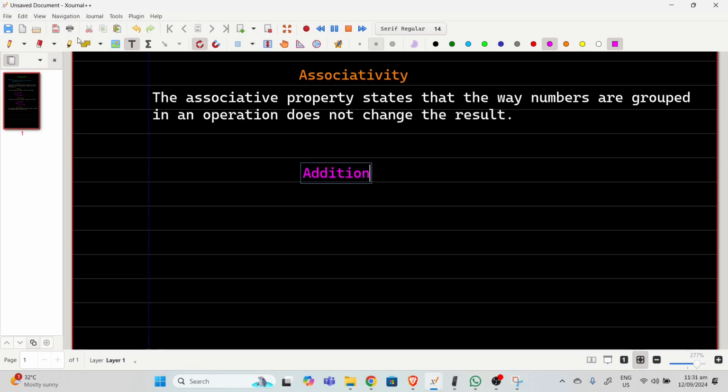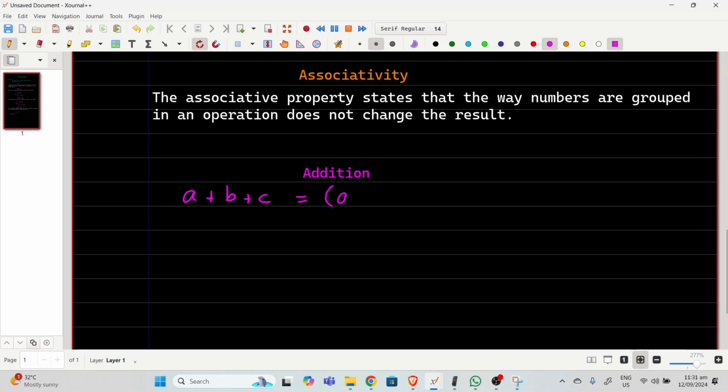So for addition, that means that, let's say for instance, we have A plus B plus C. With the associative property, we can do it however we wish. We can group whichever two numbers we want to work with, and it will be the same.